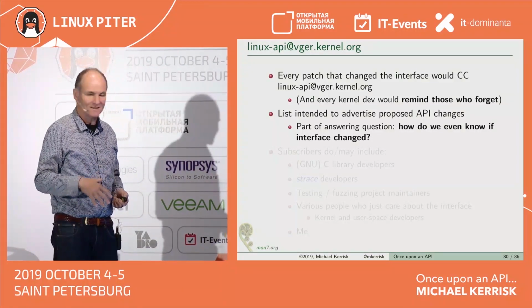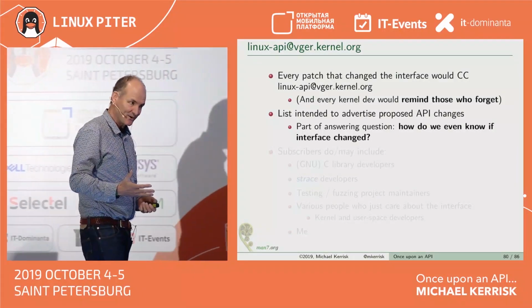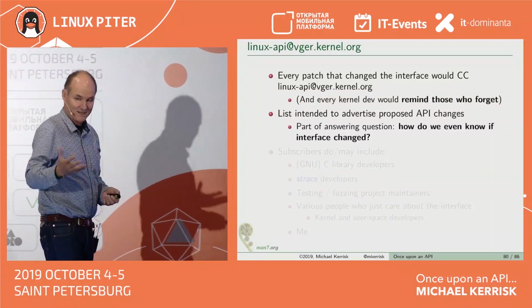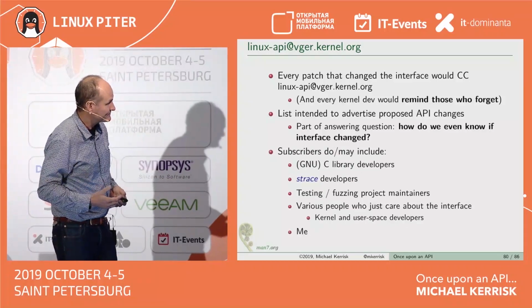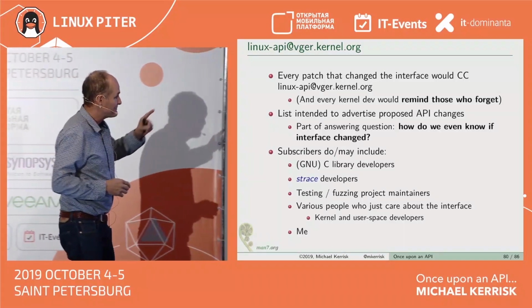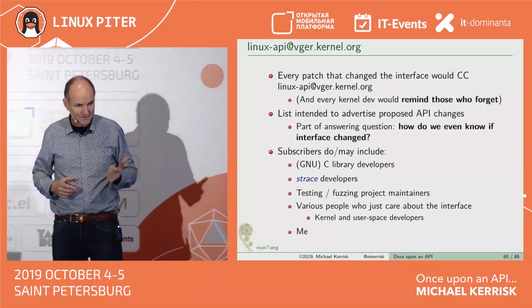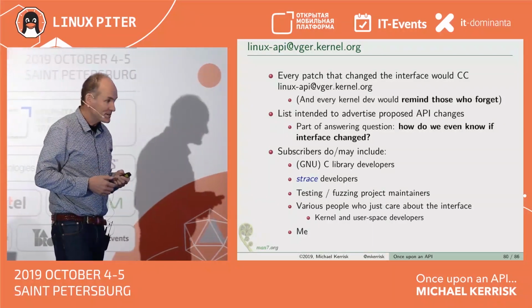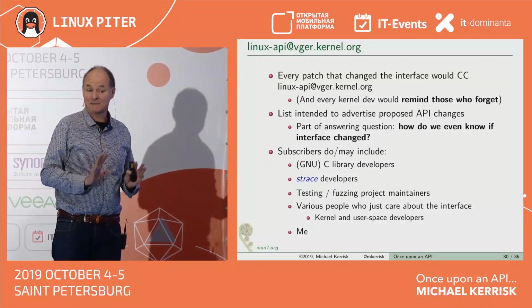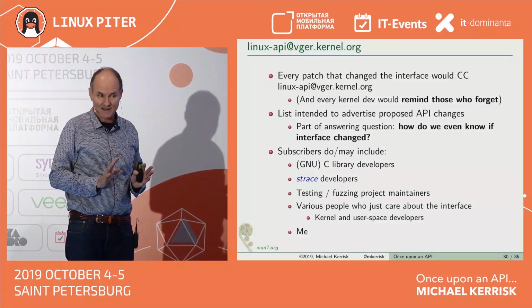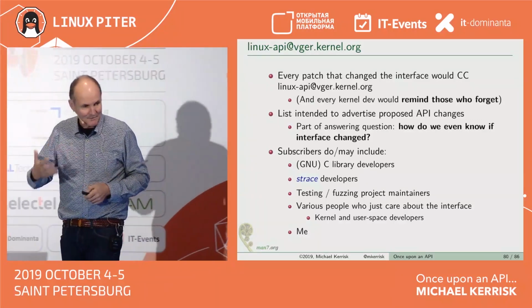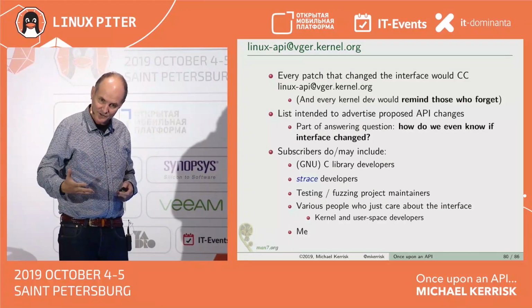It's not always easy. There's 1,000 messages a day on LKML. No one is reading all of those. And there's plenty of other mailing lists as well. And the people that subscribe to this list include C library developers, strace developers, testing project maintainers, and some people who just care about APIs, and me. Okay, because I'm interested in this information for the Linux manual pages.